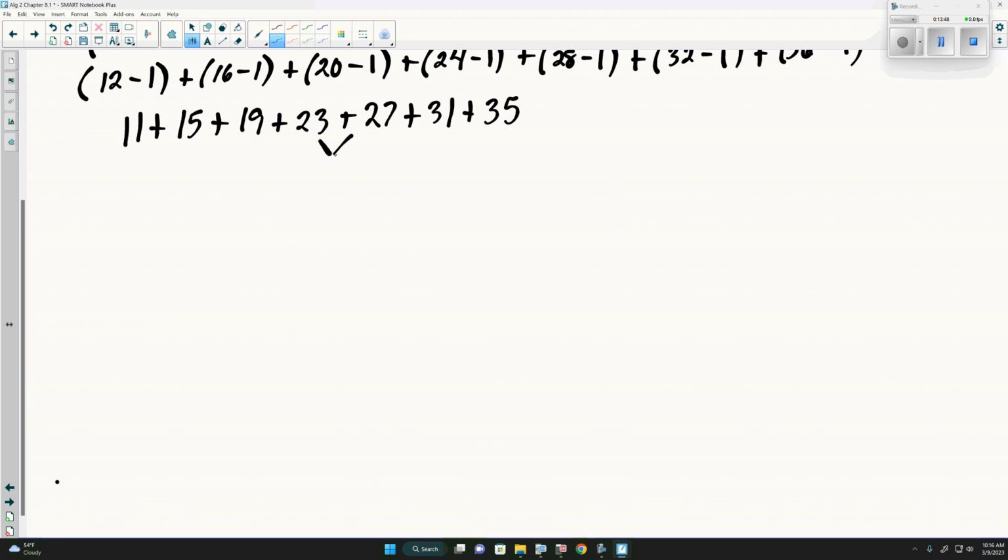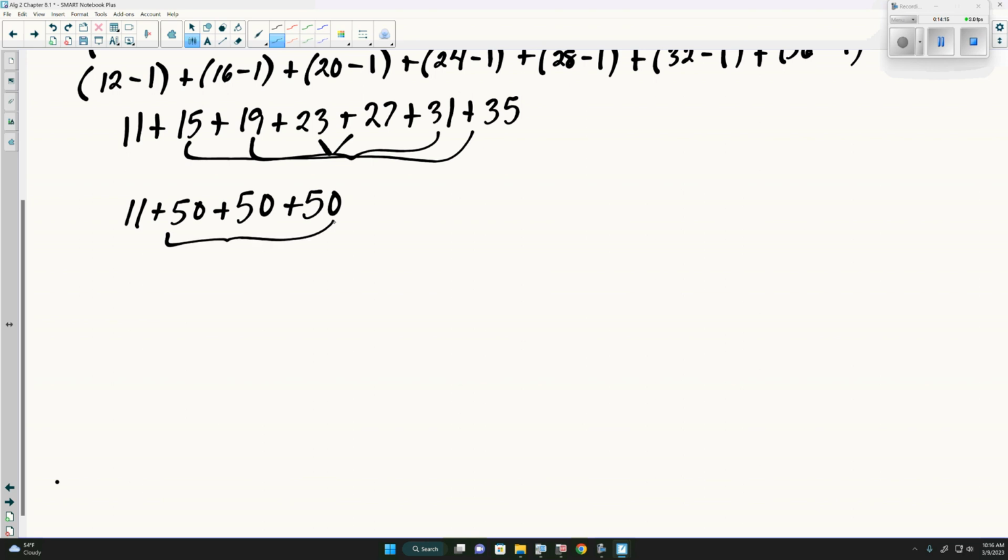What would 23 plus 27 be? 50. Because we get some nice numbers there, yes? How about 19 and 31? 50. 15, 35. 50. 11's all out on his own.